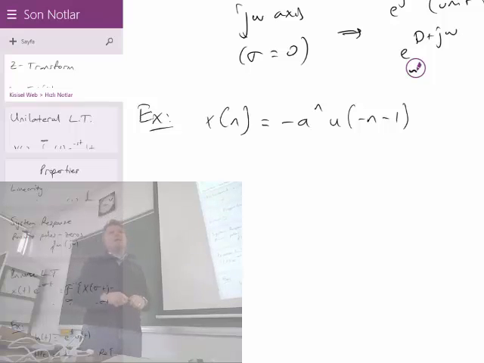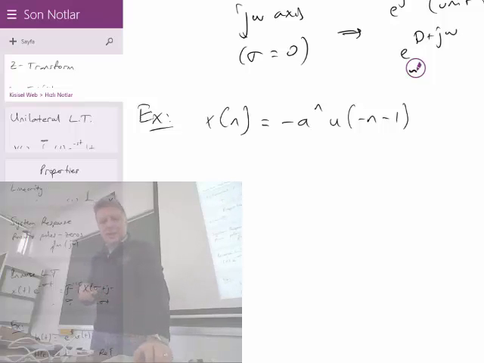That's a very bad idea. Just the opposite. a must be greater than 1 this time. If a is greater than 1, then it will be an increasing exponential, but we are taking the left-hand side portions, the small values. The larger values appear at positive indices, and u of minus n will not have them. u of n will have them. So a must be greater than 1.